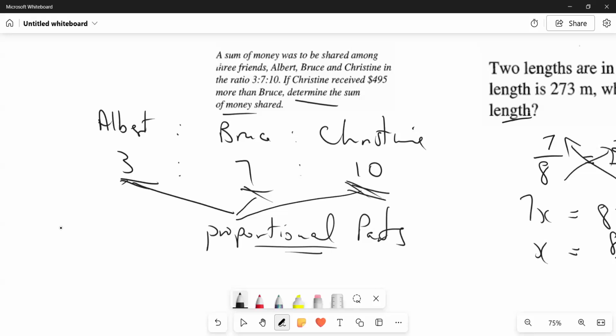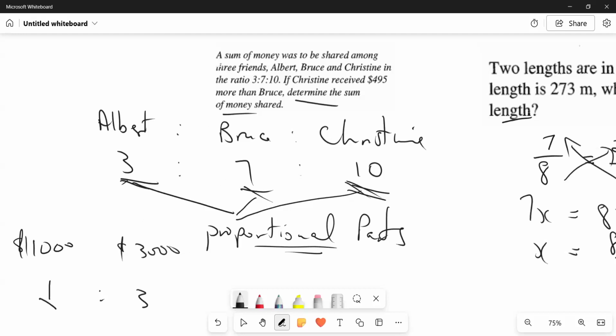So just like when, let's say, forget this problem, let's say one person was given $1,000, and the next person was given $3,000, right? When you reduce this, it's a 1 to 3 ratio. Well, that's what's happening here, right?